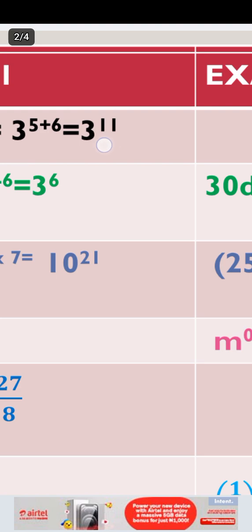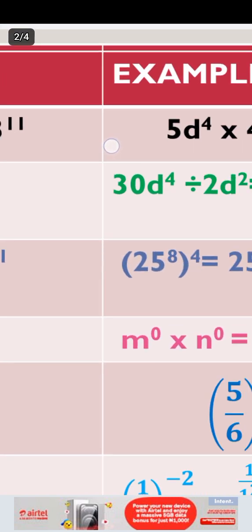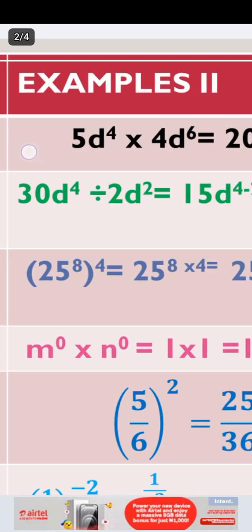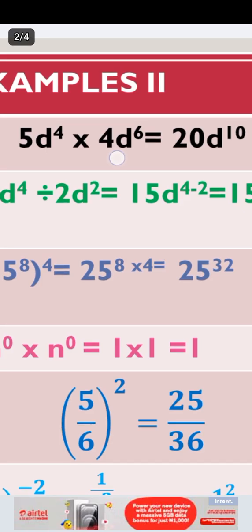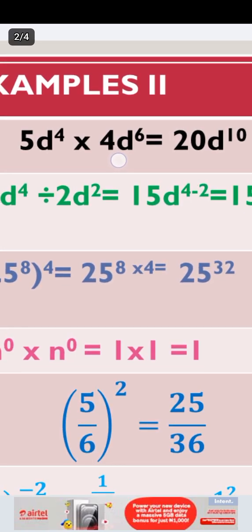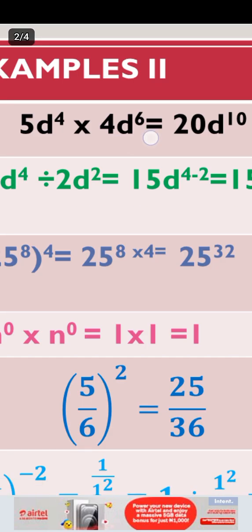Now, we go ahead to example 2 in the same column, the same rule. Example 2 here is 5d raised to power 4 times 4d raised to power 6. Now you discover that there is a number 5 and a number 4. The numbers 5 and 4 are not indices of the same base, but d is present on the two sides.